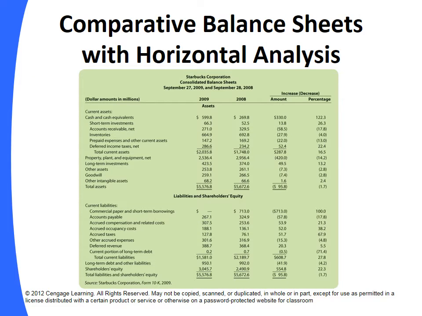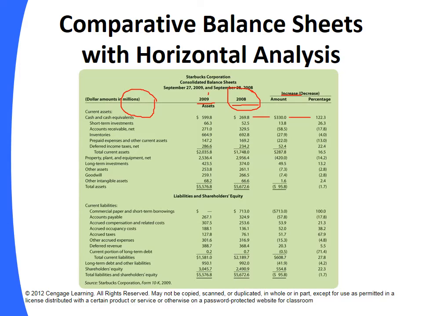So here's an example of Starbucks. This is 09 and this is 08. So the base year is here. So let's take just cash and cash equivalents. We note that cash and cash equivalents increased $330 million, dollars in millions up here, and that represents a 122.3% increase.